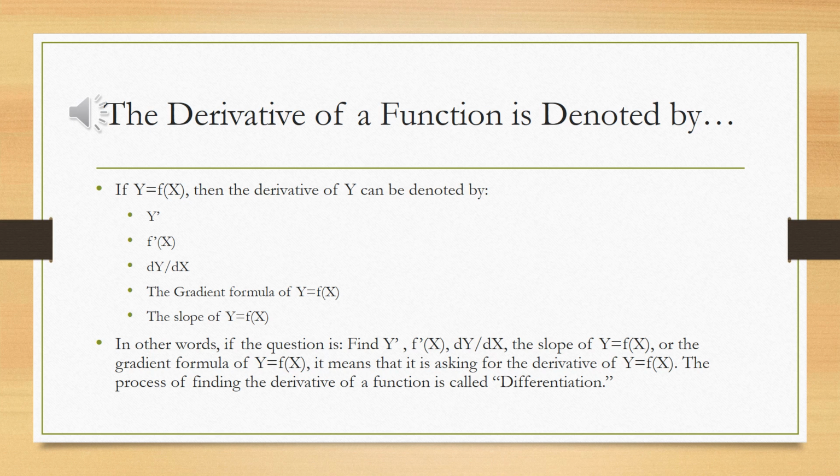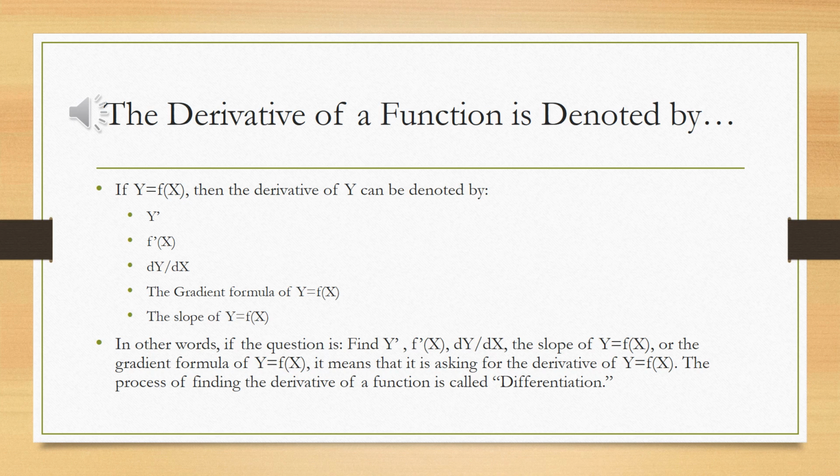In other words, if the question is find y prime or f prime of x, or dy by dx, or the slope of y equals f of x, or the gradient formula of y equals f of x, it means that it's asking for the derivative of y equals f of x.